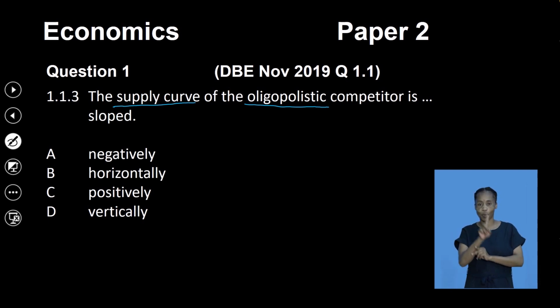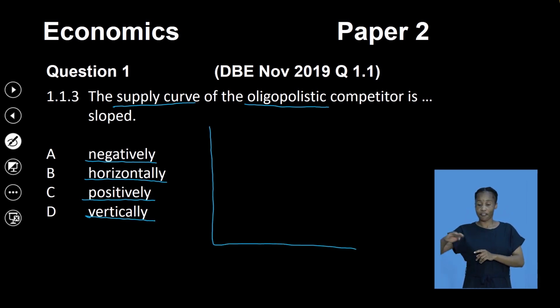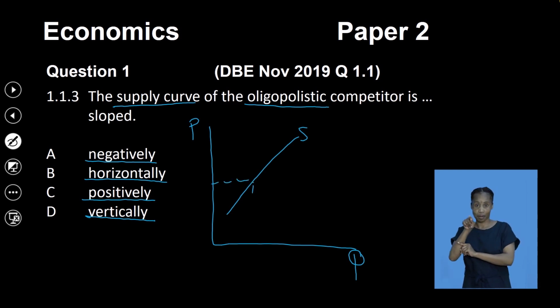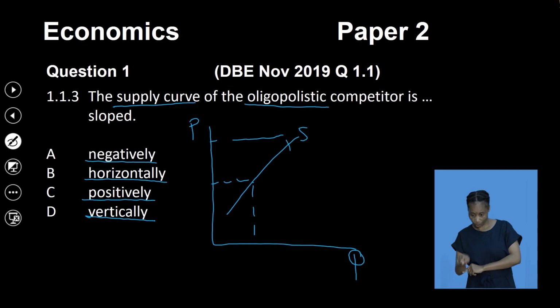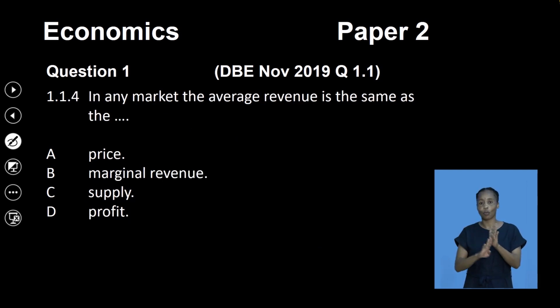A says negatively, B says horizontally, C says positively, and D says vertically. This is our supply curve. As you can see, boys and girls, our supply curve is positively sloped. It's up, up, and down, down. So it's positively sloped there.